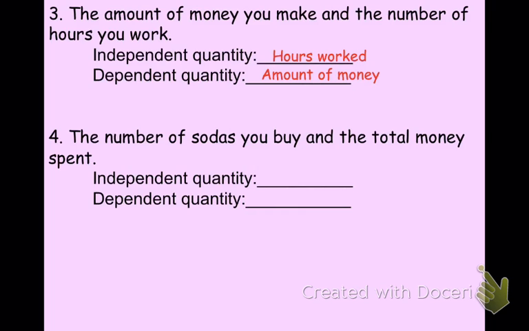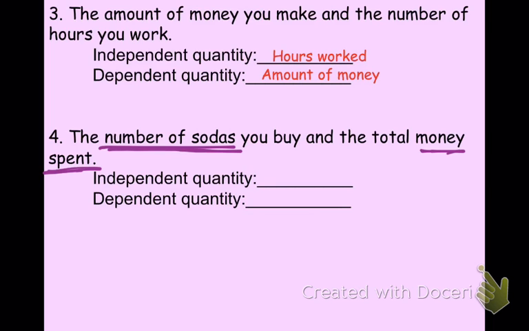Next one, we have the number of sodas you buy and the total money spent. Here our two quantities are the number of sodas we're going to purchase, and the total money we're going to spend on these sodas. Which comes first, choosing the number of sodas, or spending the money? When I go up to the register, are they going to charge me first, or do they need to first see how many sodas I'm going to buy?